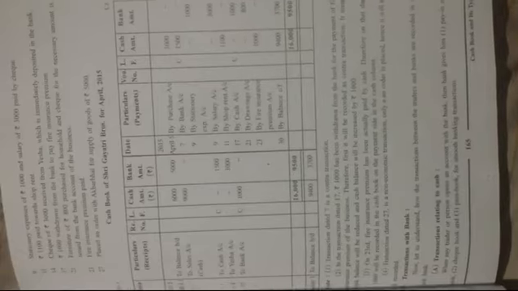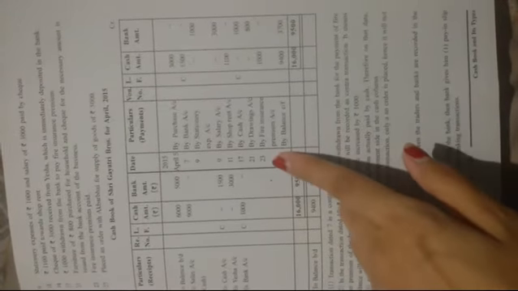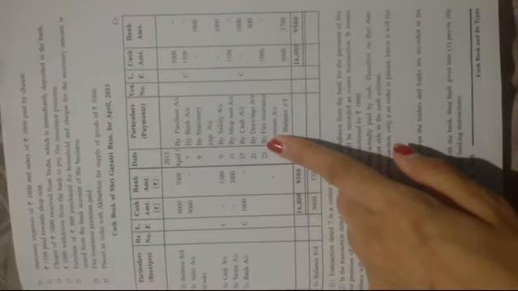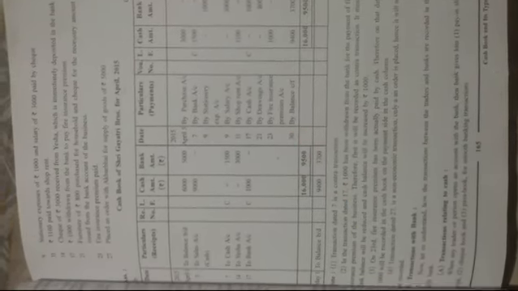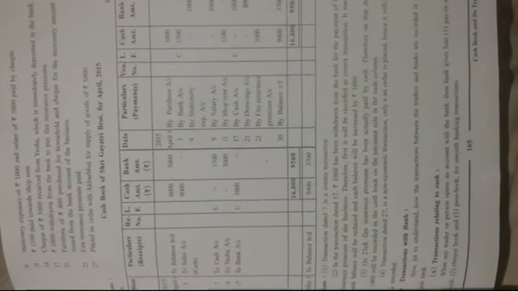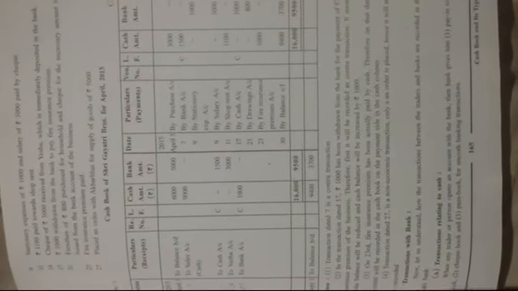That's why it is considered a contra transaction, because cash was withdrawn from the bank for the payment of the business shop fire insurance. Therefore contra transactions have taken place. So first of all, write the bank account.